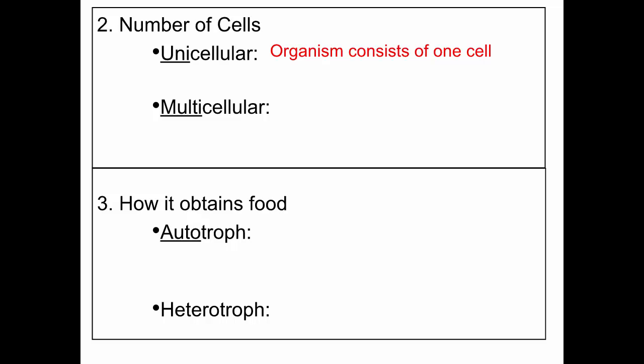Can you tell me an example of something that's unicellular? Kendall? Bacteria, correct. Then the opposite of unicellular is multicellular. Multicellular are organisms that are made of many cells, like us. We're made of trillions of cells working together to form one complete organism.